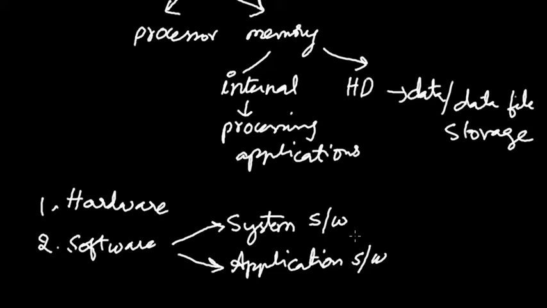Now let's proceed a step towards C programming. How do we do that? First, let me get a new screen. So what is this software that we are discussing? System software helps the user interact with the various parts of the computer.